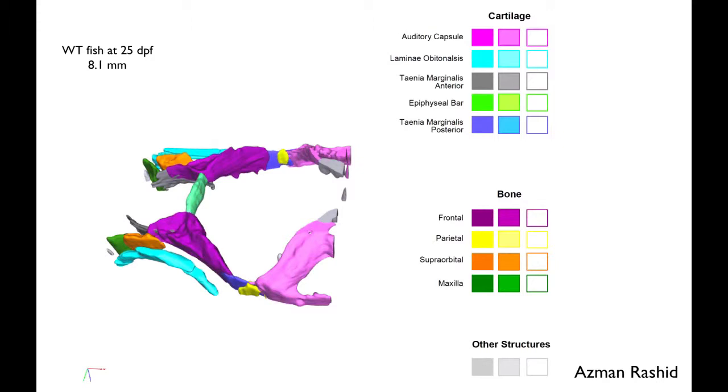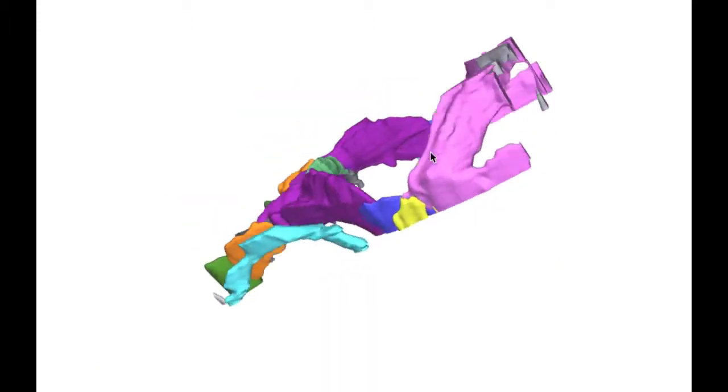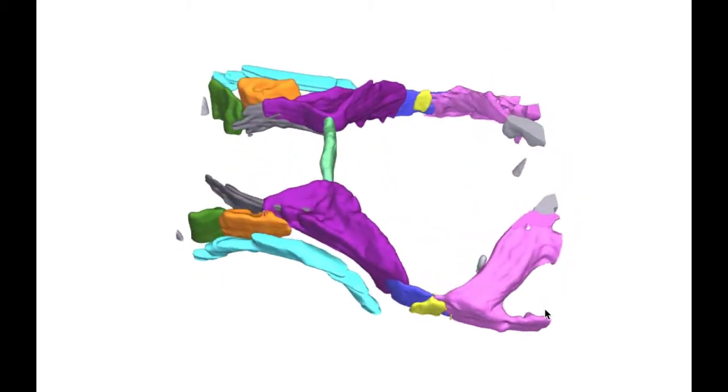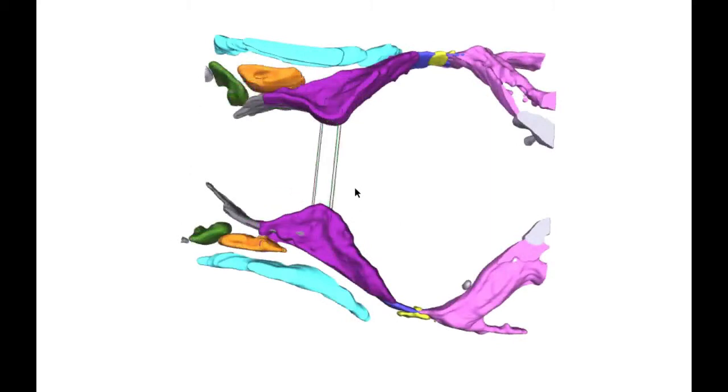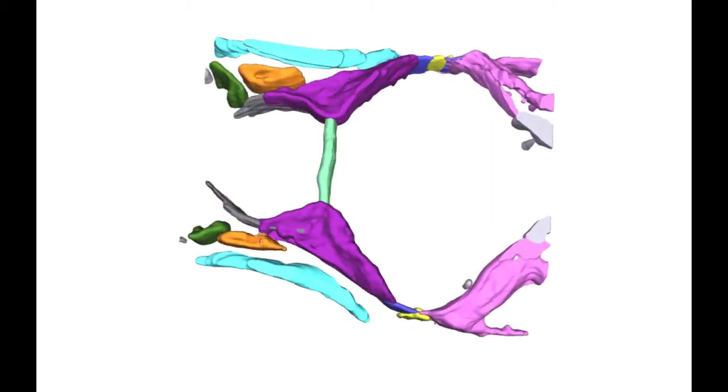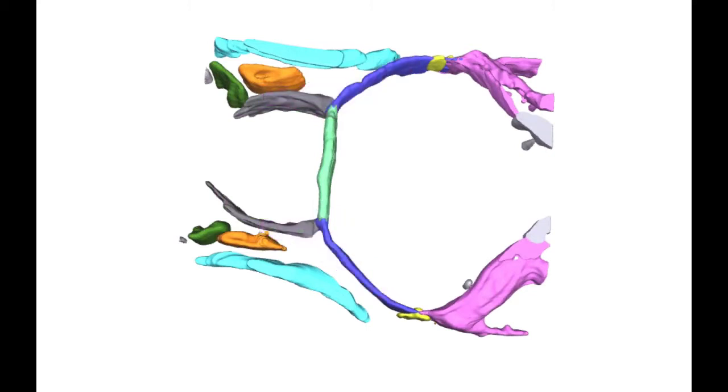So each annotated structure is associated with a color and a label, and as you can see here, the entire image can be freely rotated, and the interactive buttons allow for each element to either be made translucent or to be removed entirely from the image. And the PDFs are files of modest size. They can be easily downloaded and viewed with Acrobat Reader.